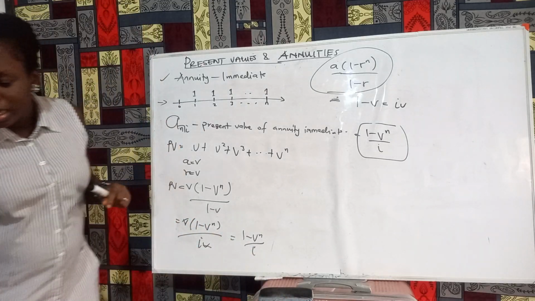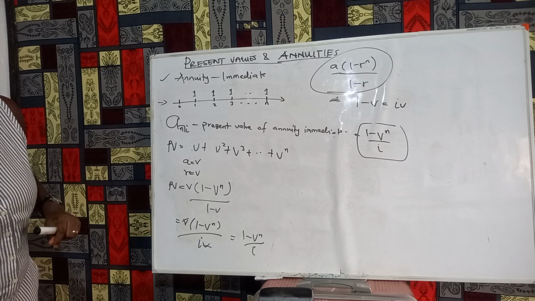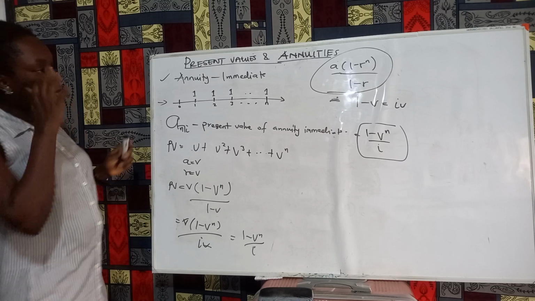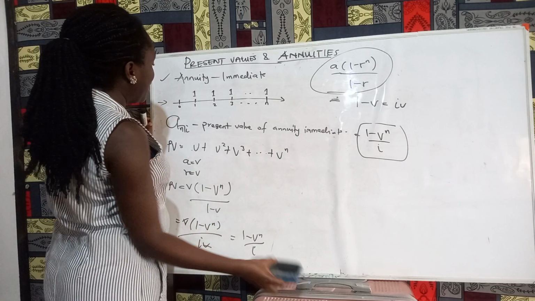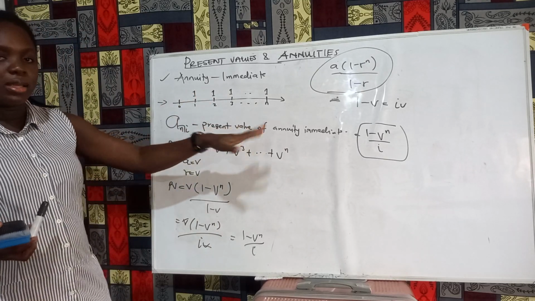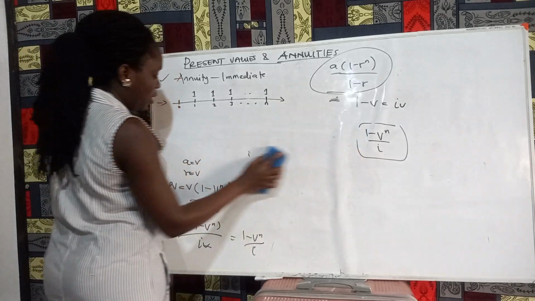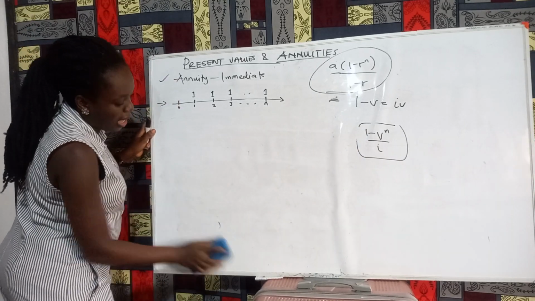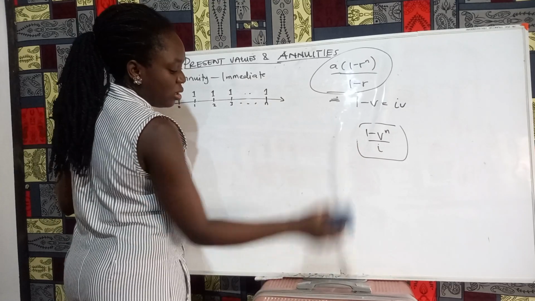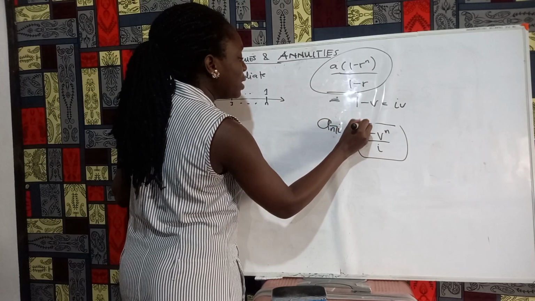All right, so let's take a question and attempt to solve it. We will take the question we solved earlier, where we had a series of 5 payments of 100 cedis each at the end of the year. We want to use this formula to solve it, instead of doing it step by step as we did.